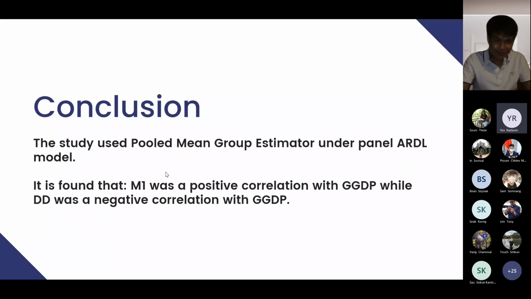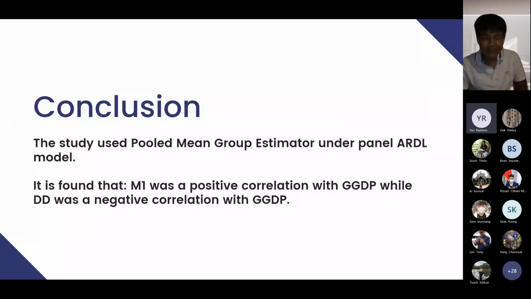Thank you, Dane. So this paper, as I have presented, is to investigate the relationship between money supply and economic growth of the selected ASEAN Economic Community countries during the period from 1995 to 2013. They used the Pooled Mean Group estimator under what they call the autoregressive distributed lag model.